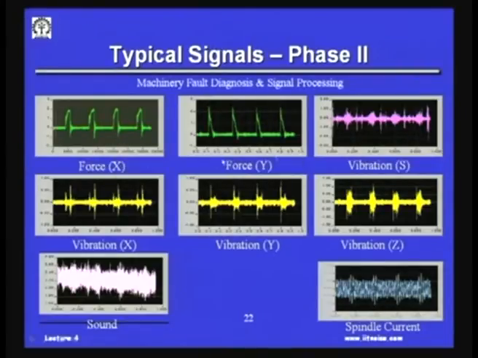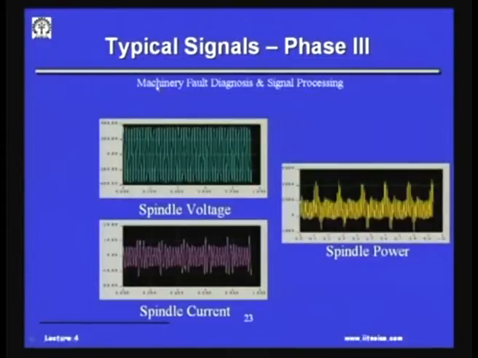Force in the X component, Y component, because this was a milling operation, with every cut there is a force increase and decrease, vibration of the spindle in X, Y, Z direction, and then the sound level and the spindle current. Once we also measure the spindle voltage and current, we could multiply them to get the spindle power, and these are all functions of time.